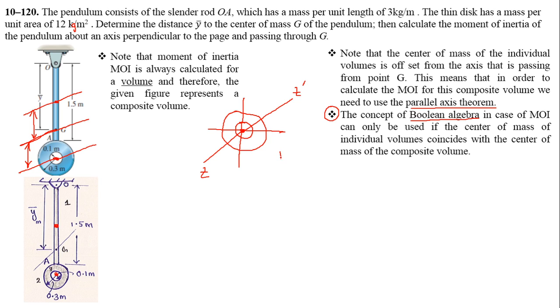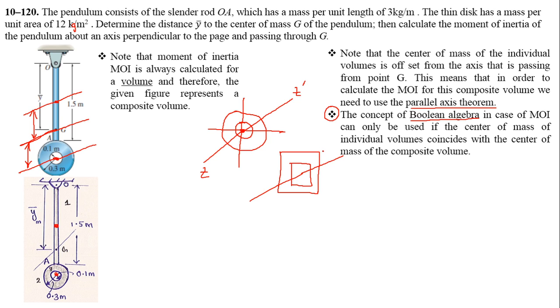Similarly, if you are given this kind of an object, and I ask you to calculate the moment of inertia about this axis, you can exactly repeat the same thing.